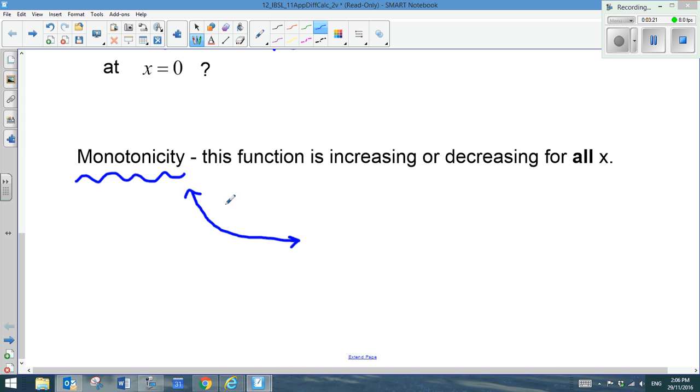So therefore, this is a monotonic function. It is only decreasing, or a logarithmic function that is only increasing. So it doesn't have a change in direction from increasing to decreasing. We call those functions monotonic, and we describe it as monotonicity.